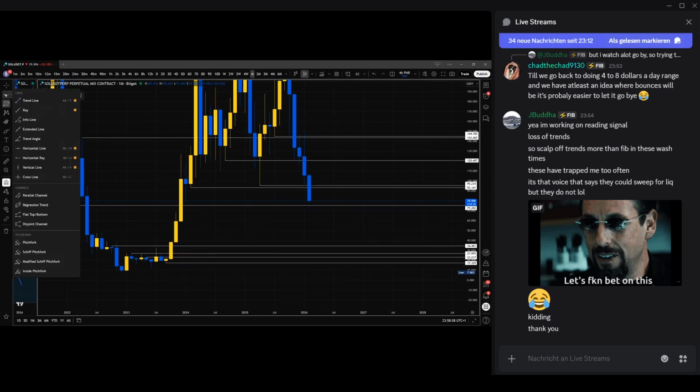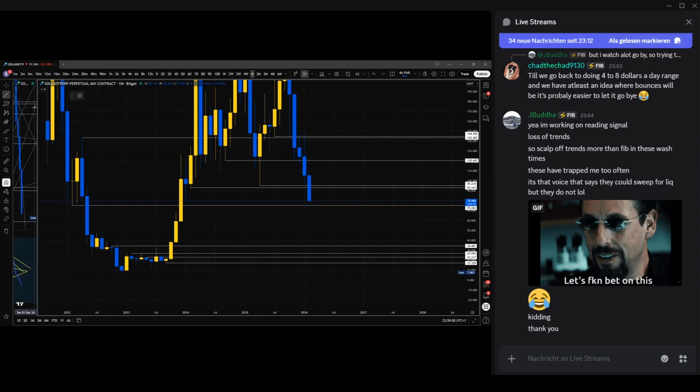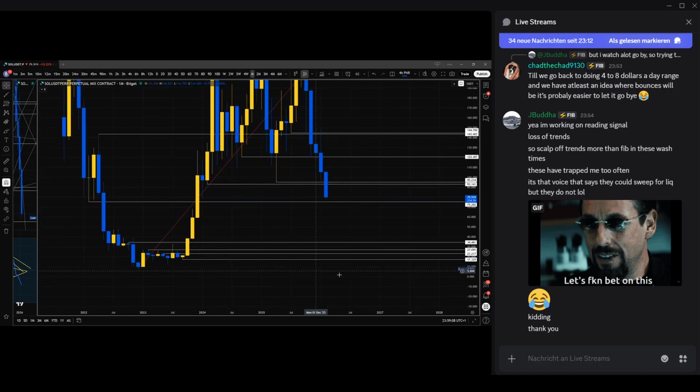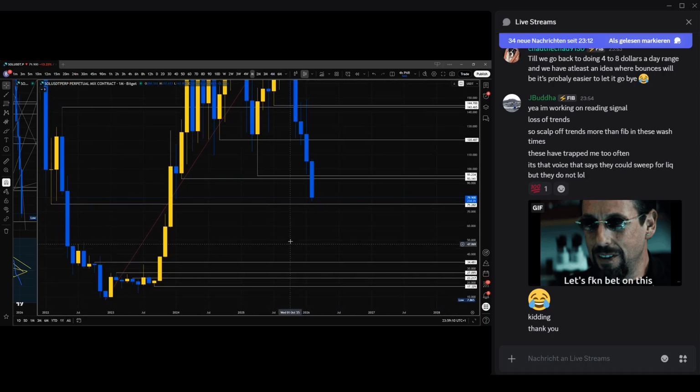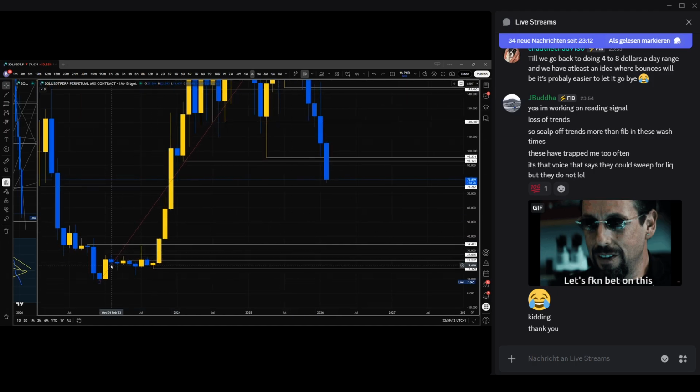Anyways, so the trends are missing here. So let's do those. Go on the first anchor on the lowest candle here. Cycle through the candles. Put the second anchor here. The next candle is below the trend, so we move it.